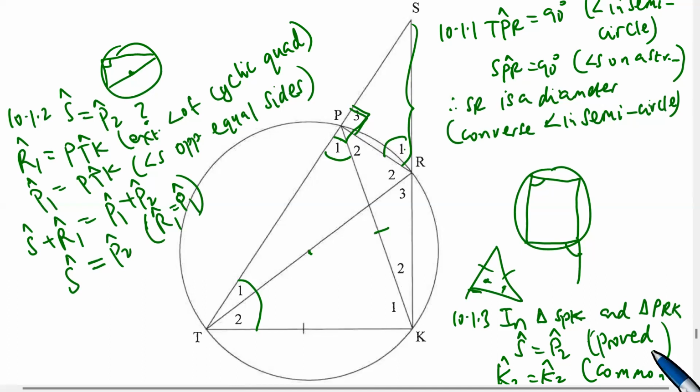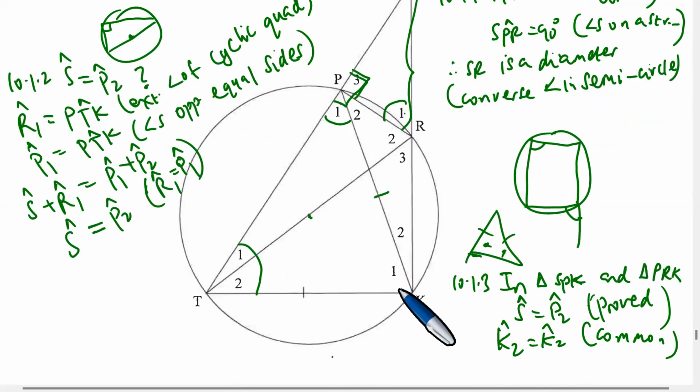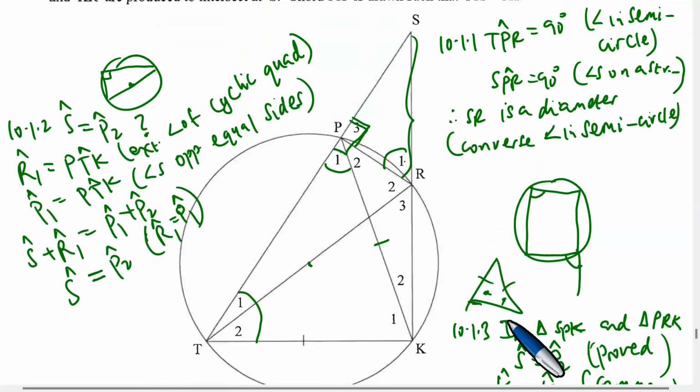Now, if you look at the triangle SPK together with PRK, then you have a third angle now, because you've seen that this one is a common angle.